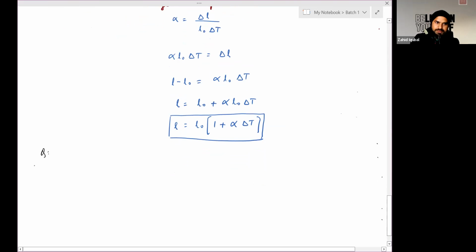Let me give you a question. The length of a rod at 27 degrees Celsius is 1 meter.